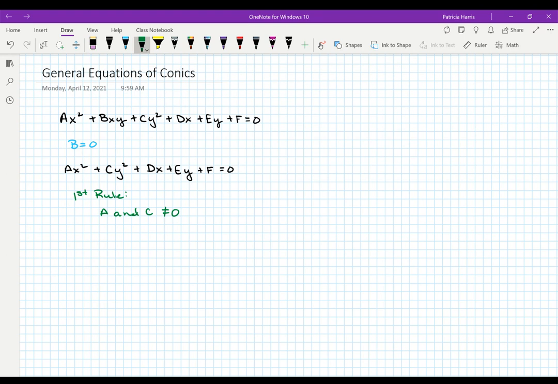In this case, when b equals 0, that means our conic section will be either up and down or left right.